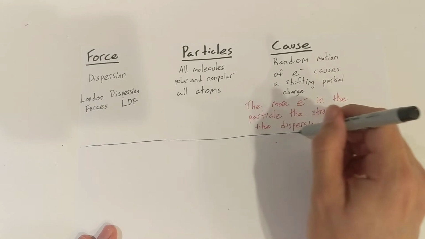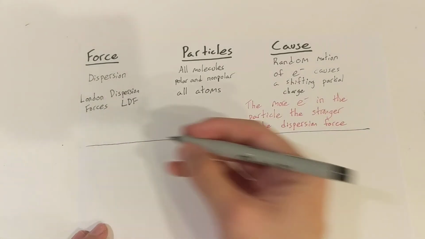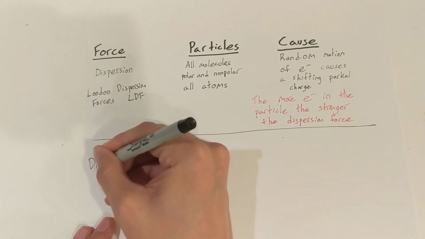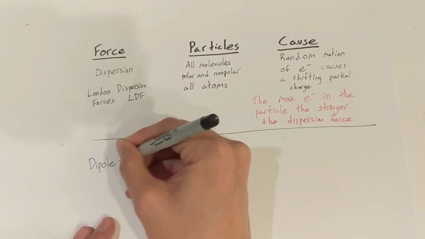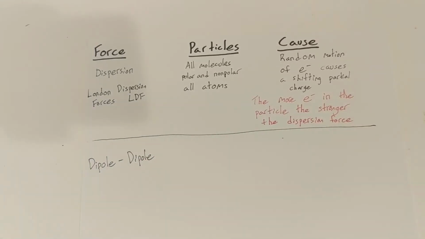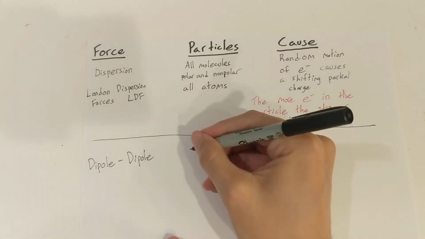Let's make a line here. The next one we're going to be talking about, and I hope these words sound very familiar, is called dipole-dipole, the next force. Dipole-dipole forces are only going to be in our polar molecules.